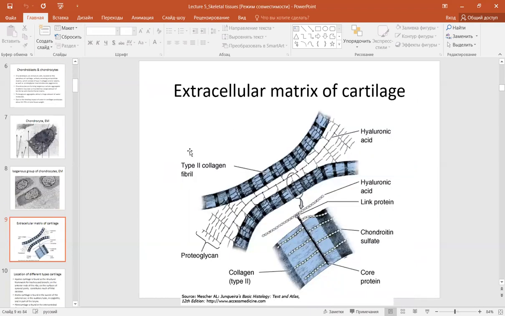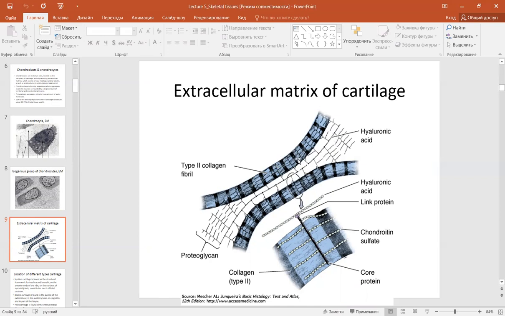Extracellular matrix of cartilaginous tissue. Here you have the collagen, type 2 collagen fibril, which has cross striations, including the dark and light bands.